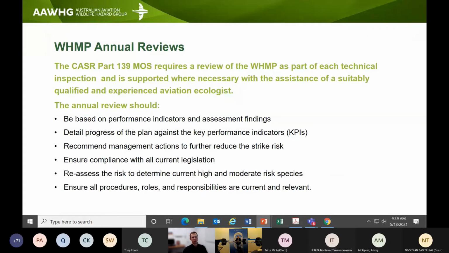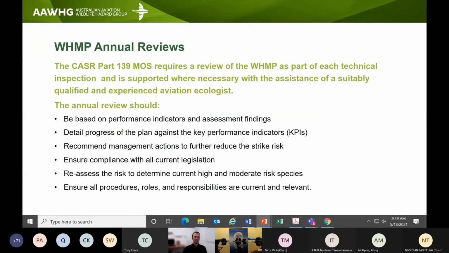So CASA Manual of Standards 139 requires a review of the WHMP as part of a technical inspection. And this needs to be supported where necessary with the assistance of a suitably qualified and experienced aviation ecologist.